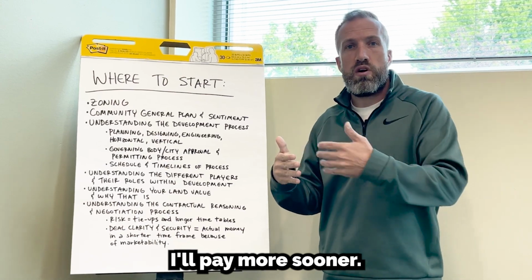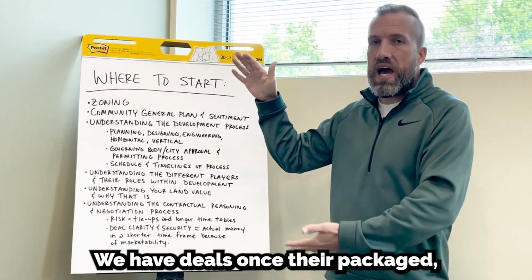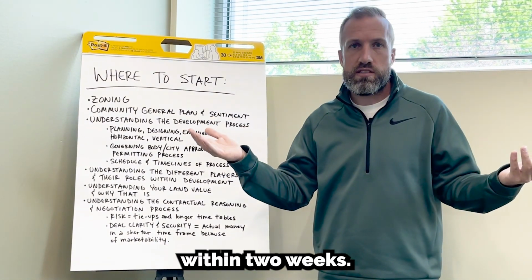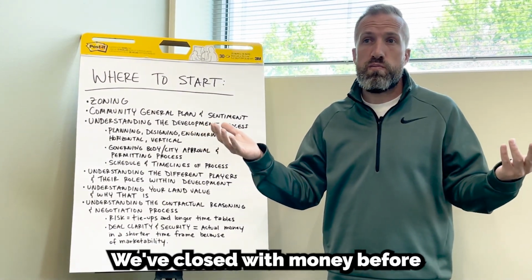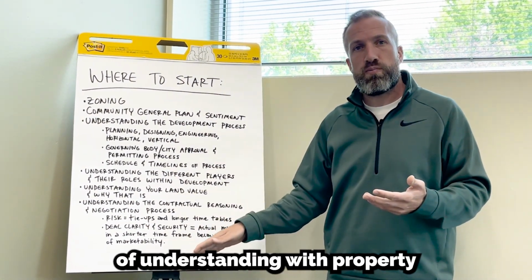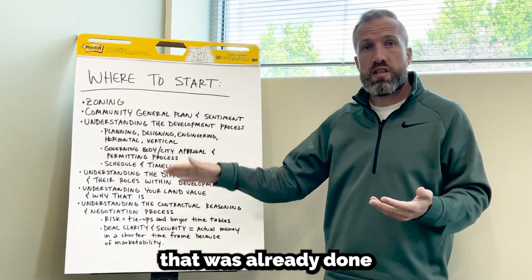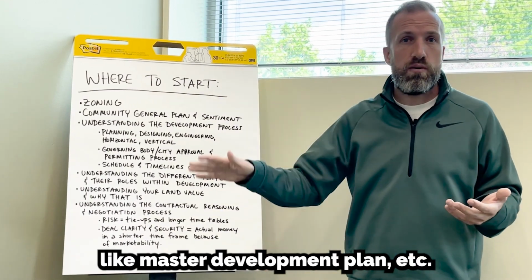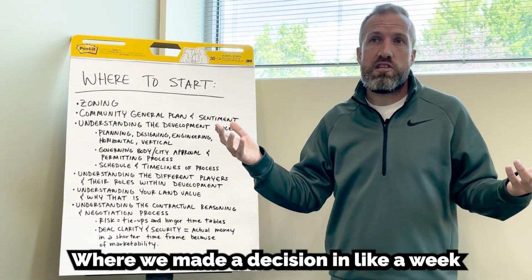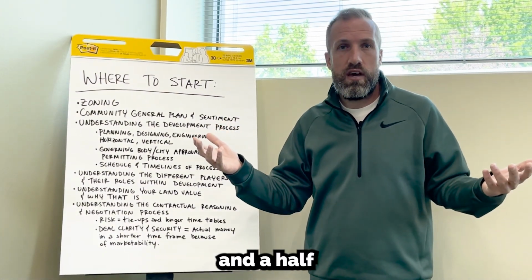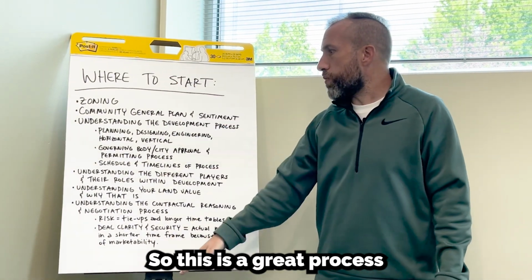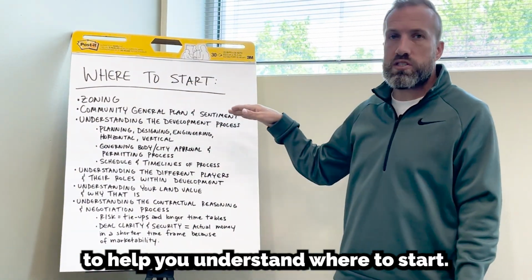We have deals, once they're packaged, that people close with money within 2 weeks. We've closed with money before because we were able to get through this process of understanding the property, because there was a lot of work already done, like a master development plan, etc., where we made a decision in like a week and a half, and we were able to put our funds towards it. So this is a great process to help you understand where to start.